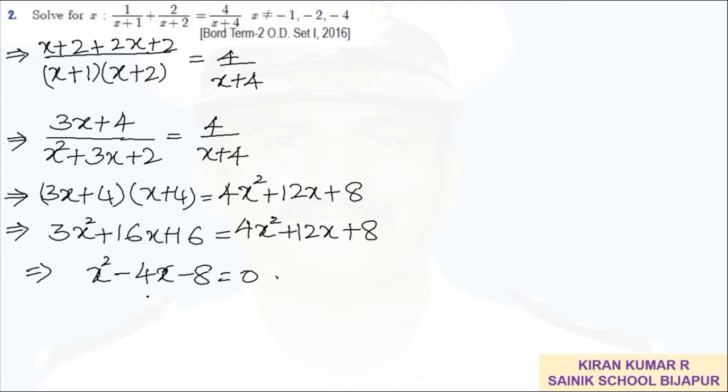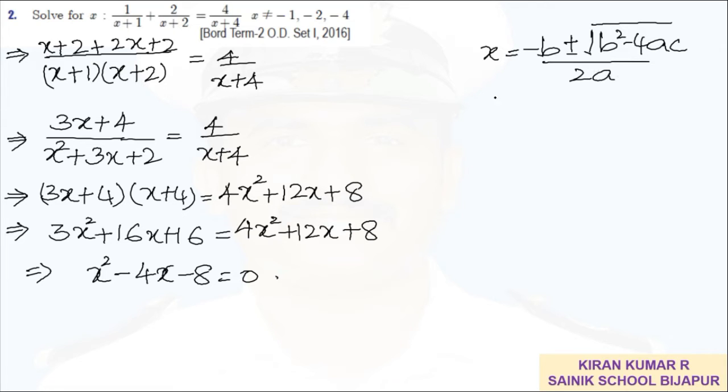We have to get two numbers so that their sum is -4 and the product is -8. It is not possible to have such numbers. So let me think of using Sridharacharya's formula. So x will be minus b plus or minus root of b square minus 4ac upon 2a.